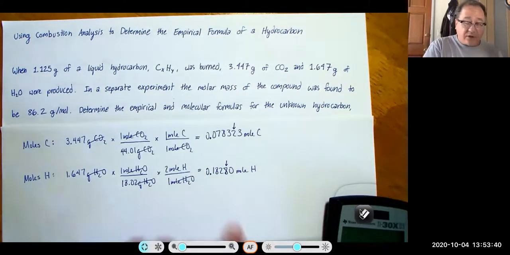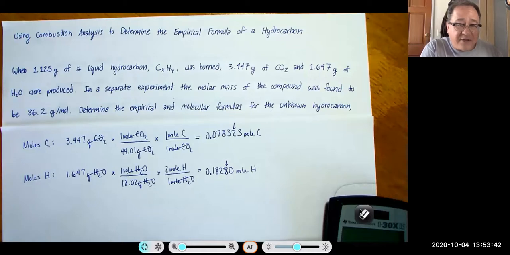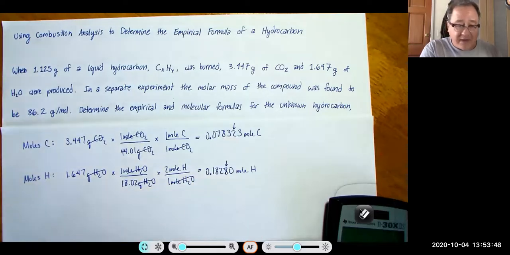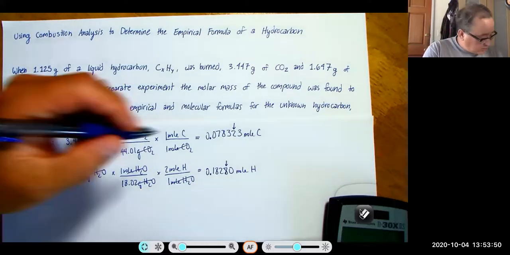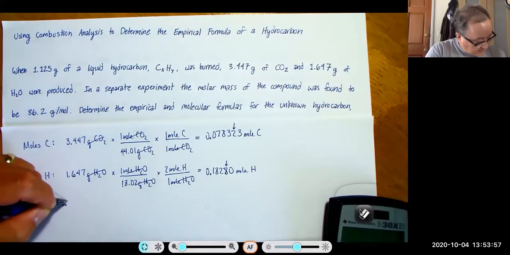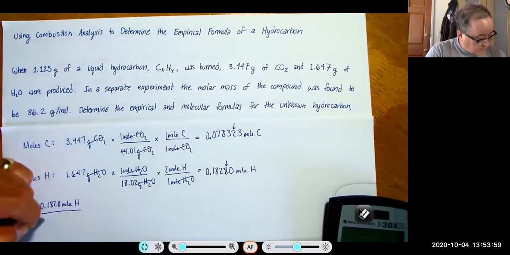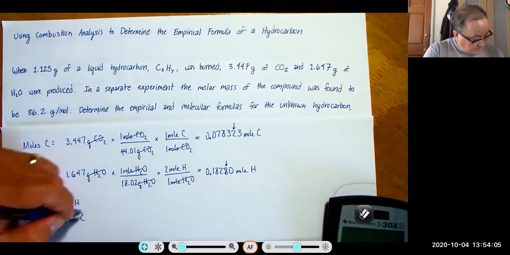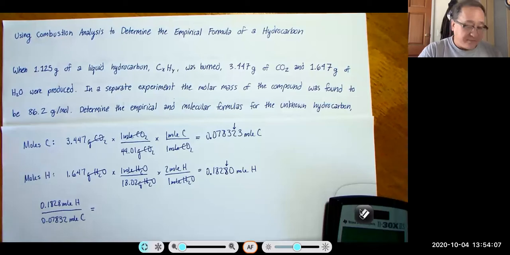Okay, so that's how many moles of hydrogen, that's how many moles of carbon. And I'm going to go ahead and try this with them rounded and see how it comes out. So here's one way to do it. You take your 0.1828 moles of hydrogen over your 0.07832 moles of carbon, and you divide one into the other.